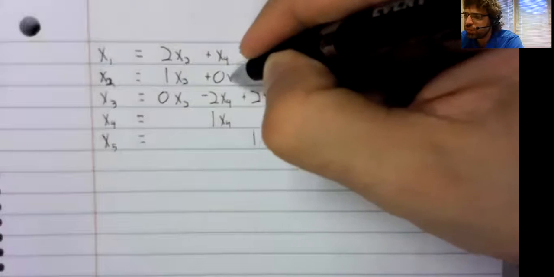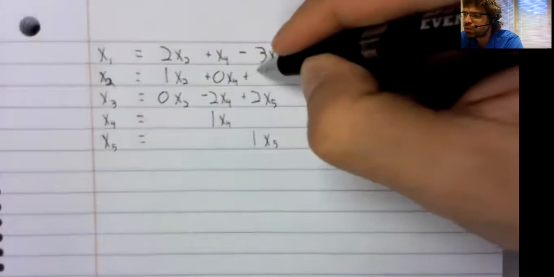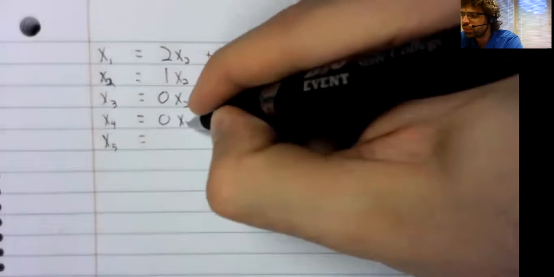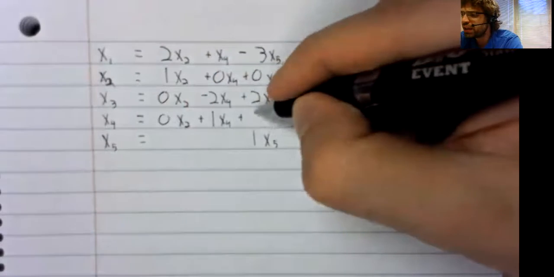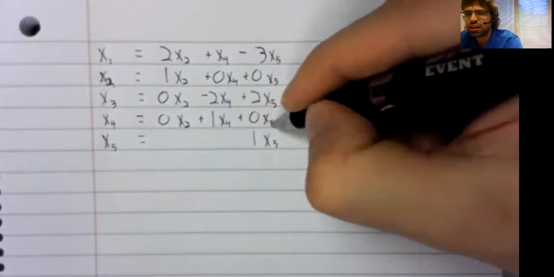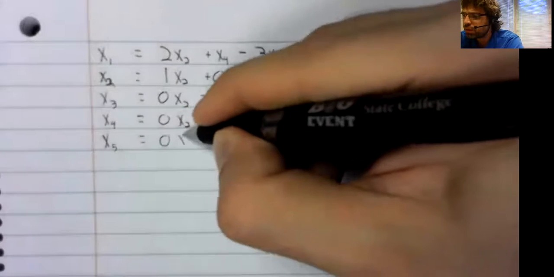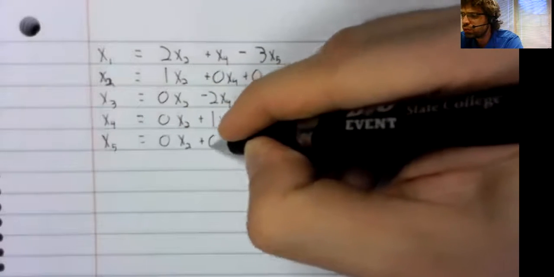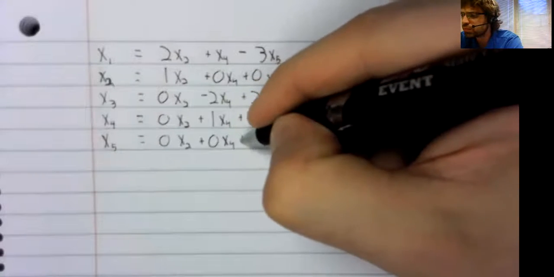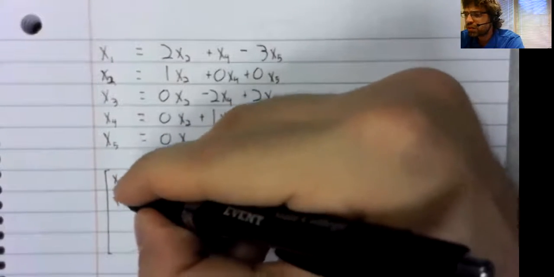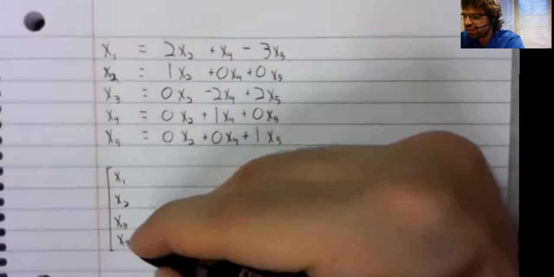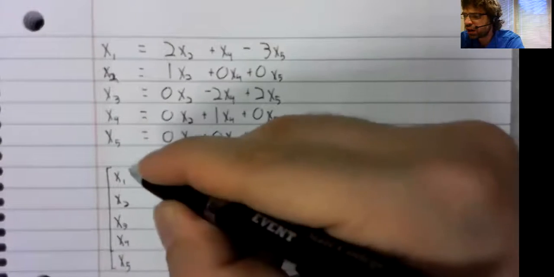And now, I know I'm going a little fast, but this is a process we've seen before. I'm going to fill in any missing terms with zeros. And what we then read off is the vector x1, x2, x3, x4, x5.